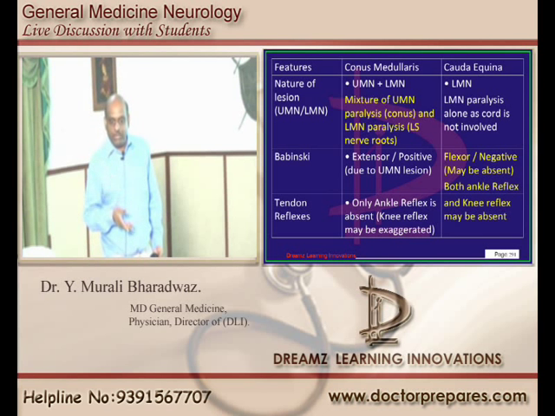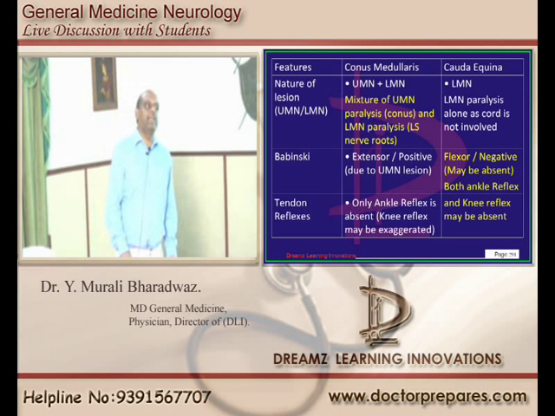So when nerve roots are involved, you may have ankle jerk lost. But the knee reflex will not be affected in the conus, because the knee reflex is L2 or L3.